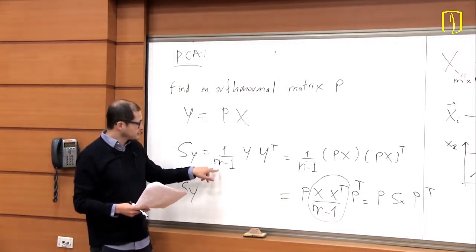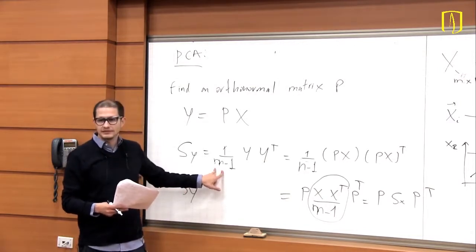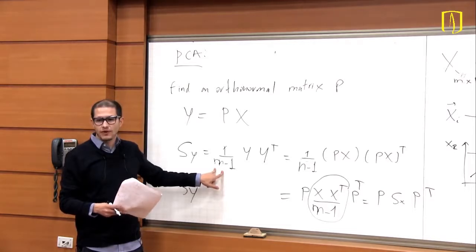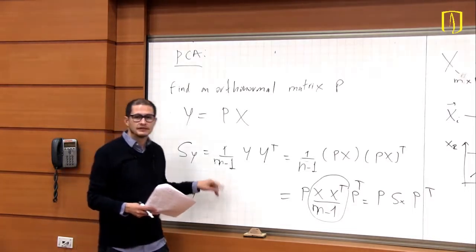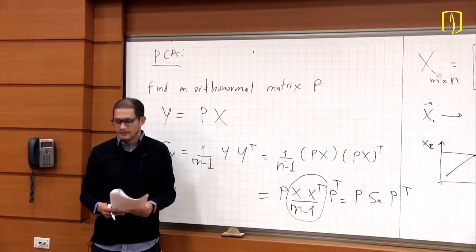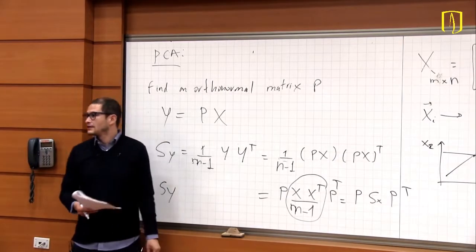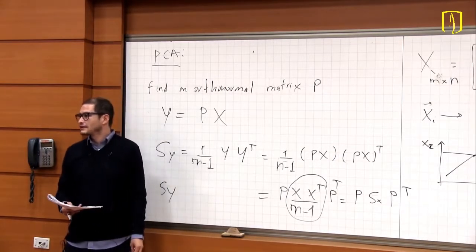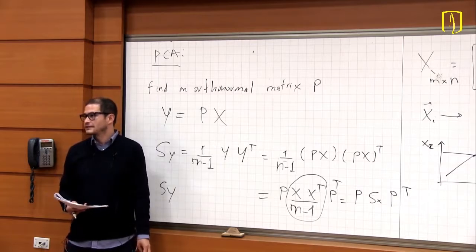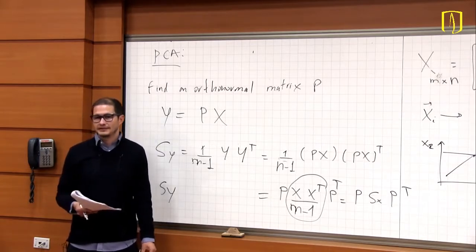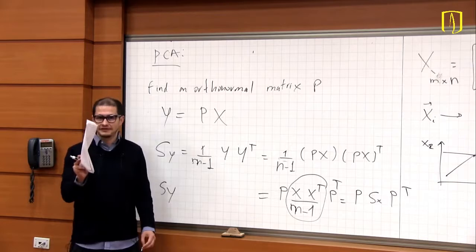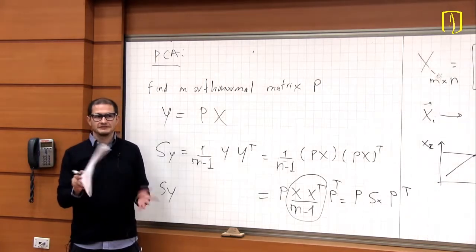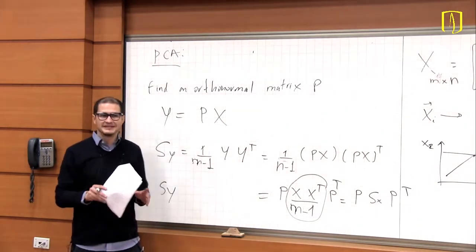So when you have variance, usually you have 1 over m minus 1, right? Anyway, it doesn't matter. Whatever constant you pick, you'll get the same P. Yeah, that's right. Diagonalizing the symmetric. That's right. Okay. But thanks for pointing that out, and thanks to the first person who pointed out when I said it was wrong. Sorry.